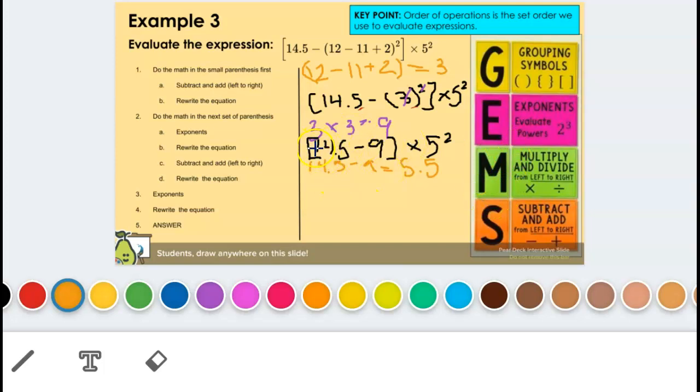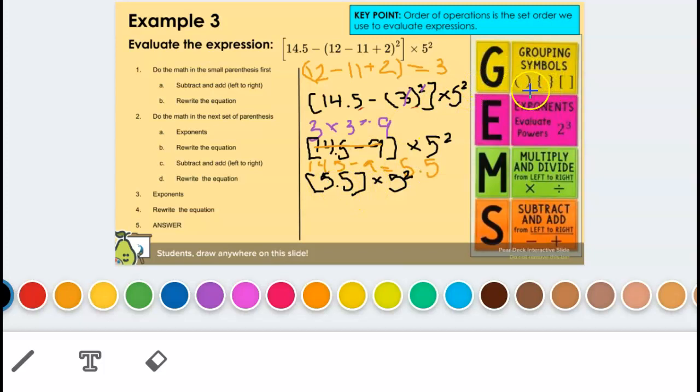So now we've done this, so we can cross these out, and this is where our 5.5 will go. So when we rewrite our equation, we'll go 5.5 times 5 squared. Sorry, I feel like my handwriting is getting a little more messy. Bear with me.